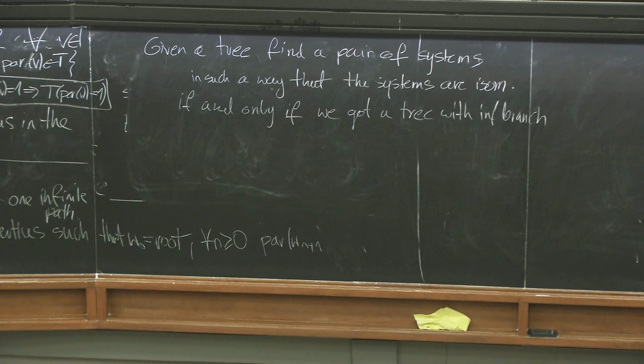So we are given a tree, and once we receive a tree, we should start building our pair of systems. And when we read through our whole tree, when we finish, we should have a pair of systems which are isomorphic exactly if the tree we were given had an infinite branch. But we have to do it in a Borel way.